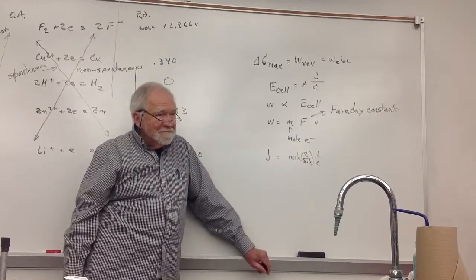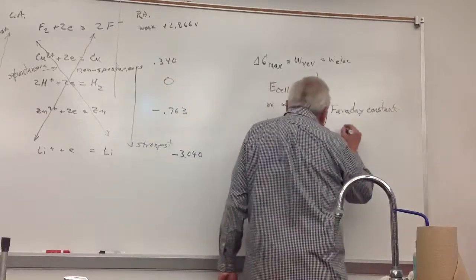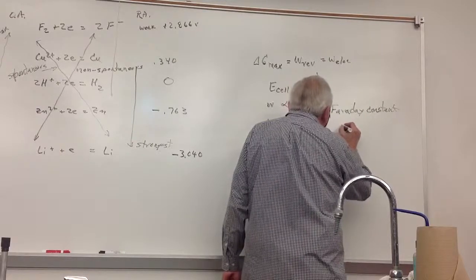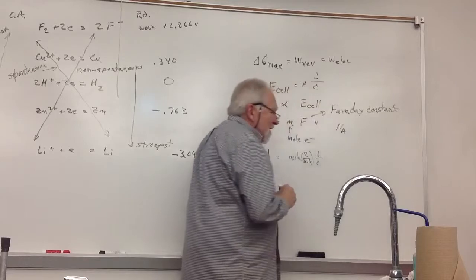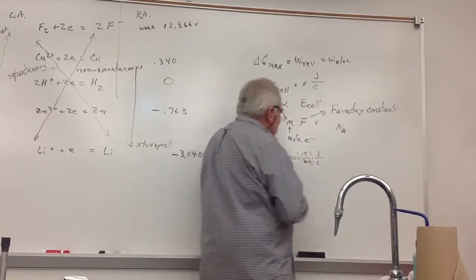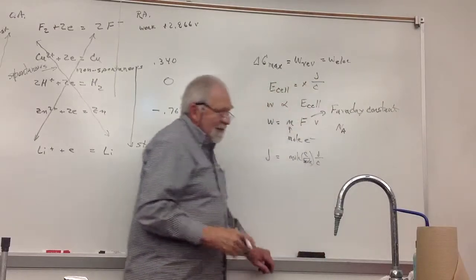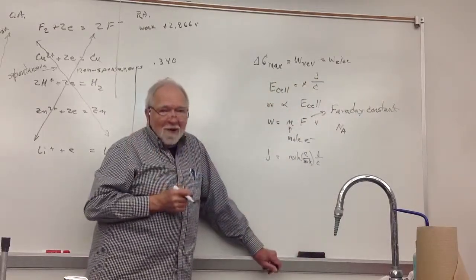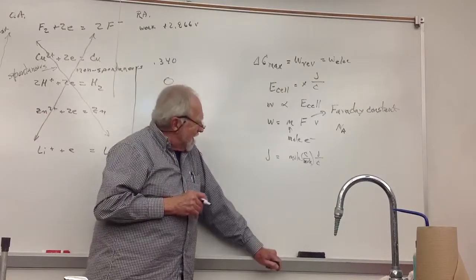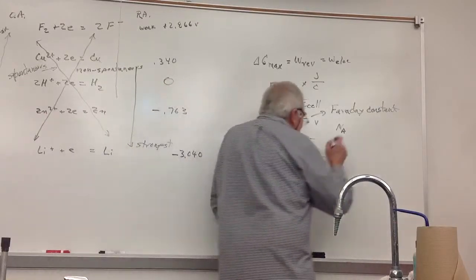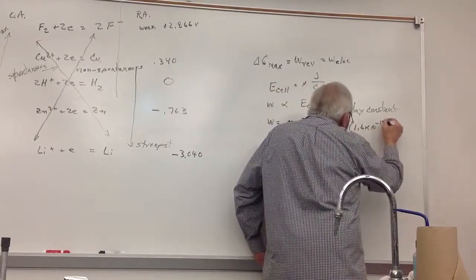Right. And what is that? That's a mole of electrons, right? 6.02 times 10 to the 23rd per mole. That's the way you look at this. So that's Avogadro's constant times the electron charge.